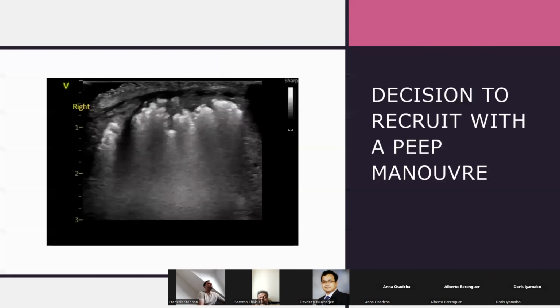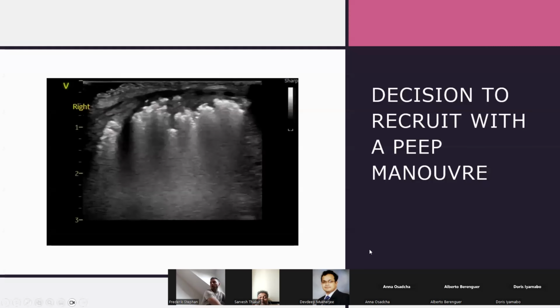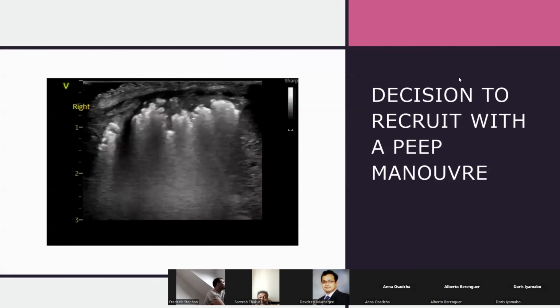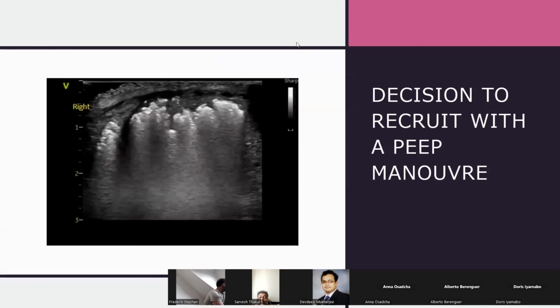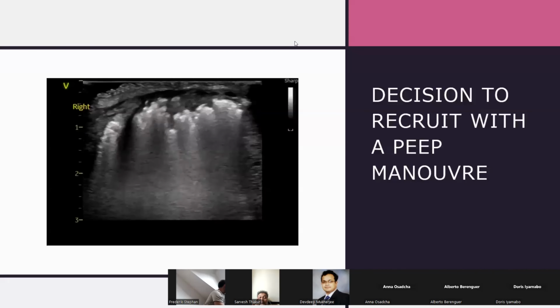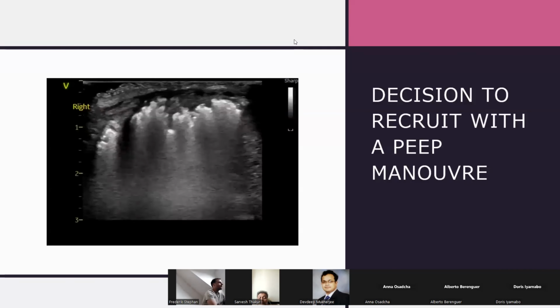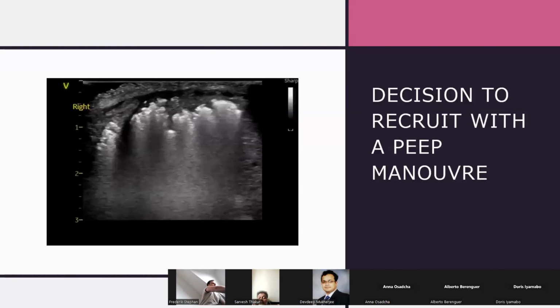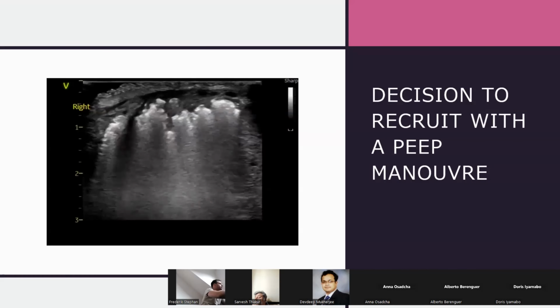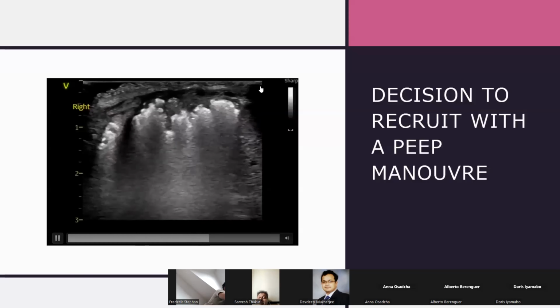For recruitment maneuvers, what is recommended in the literature is that you use the side of maximum atelectasis. But for me, accessing that place and putting the baby prone in this situation would have been a huge amount of handling. And the left side, based on all the equipment kept there, was a little bit less accessible. So I've used the right side for a recruitment maneuver over here.